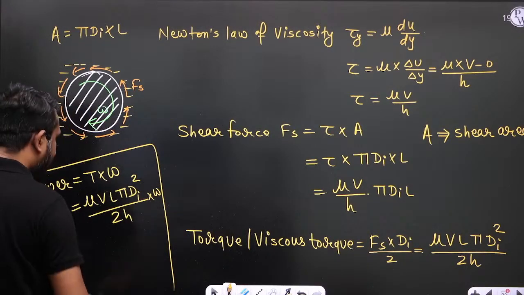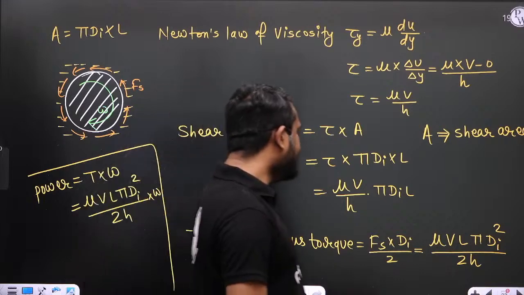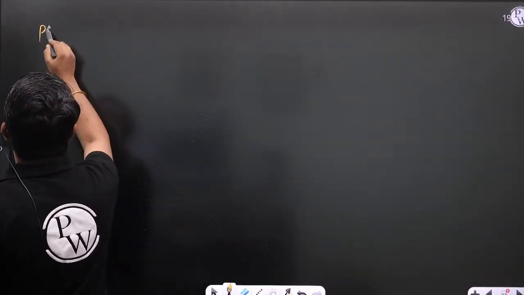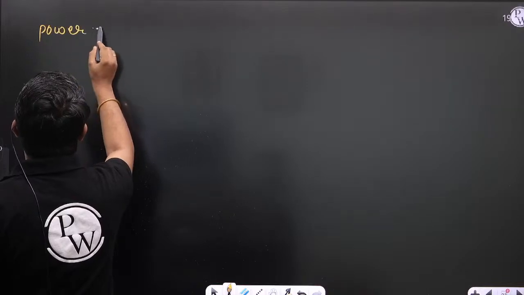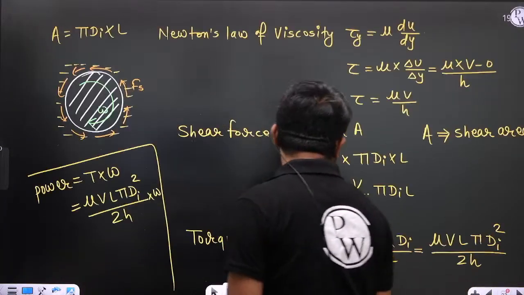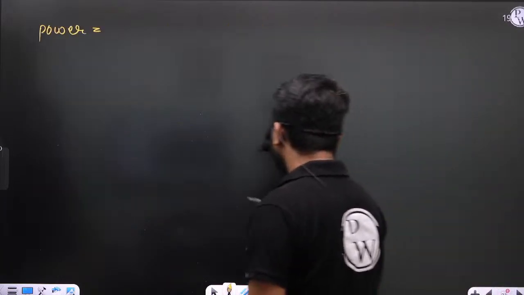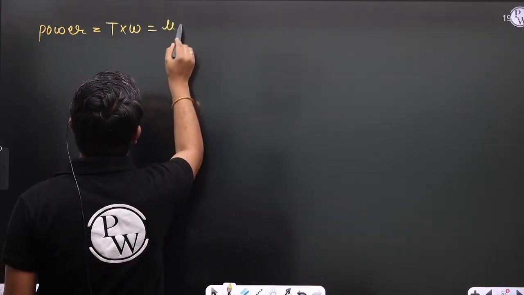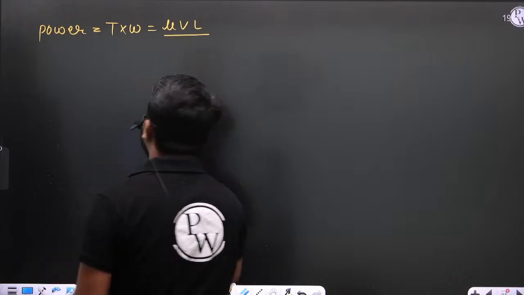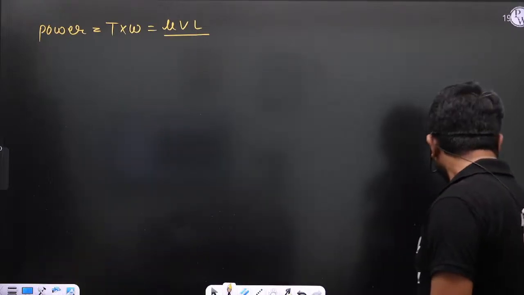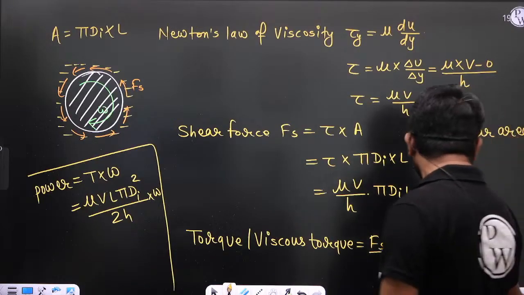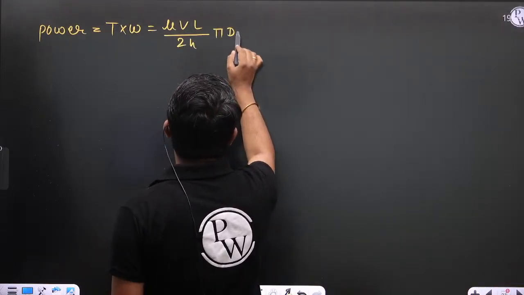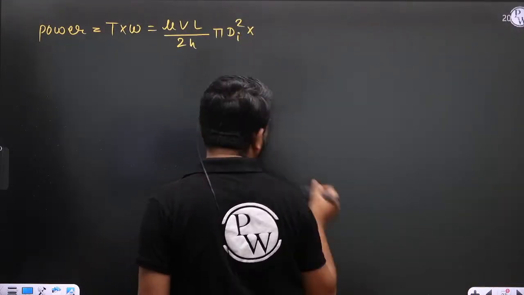Power required to rotate the shaft is equal to mu V L upon 2h, pi Di square multiplied by omega.